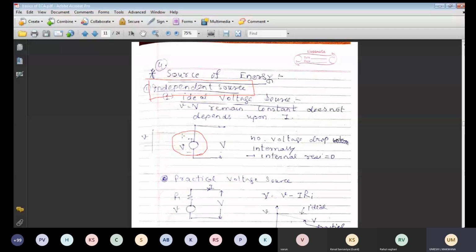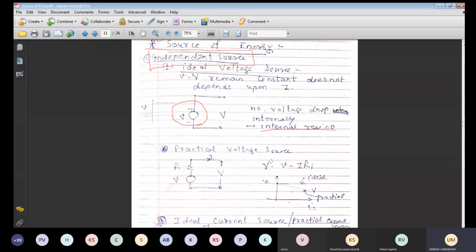That means whatever the voltage is in the source, the same voltage will appear at this point V. Internal resistance is zero. But this is not actually possible; all sources are practical sources.